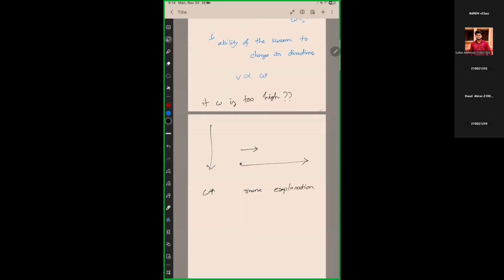Okay, if omega is low, there will be more exploitation.